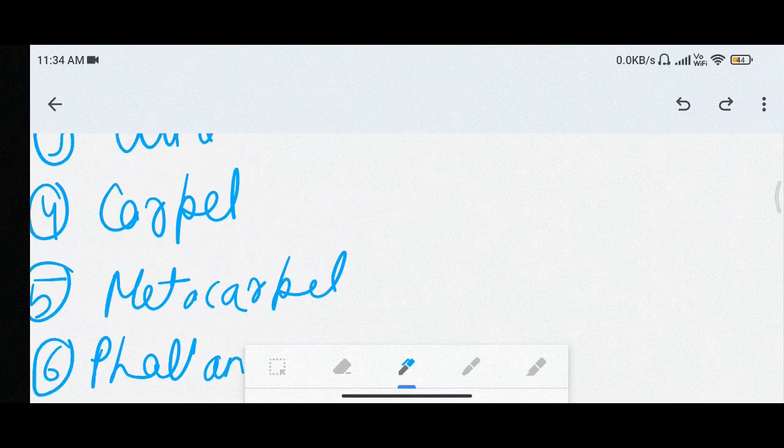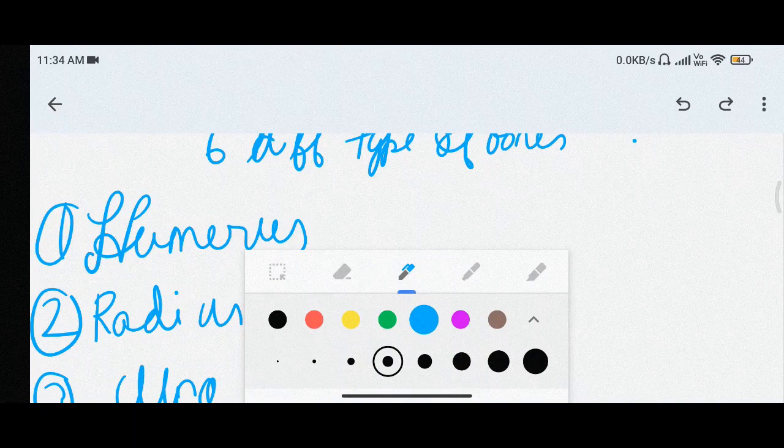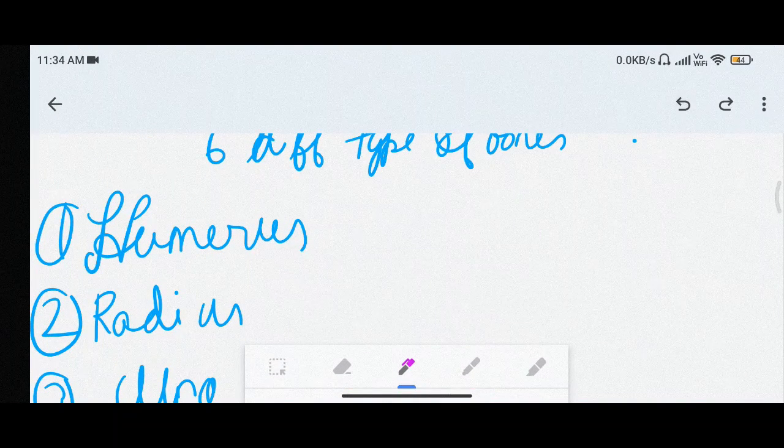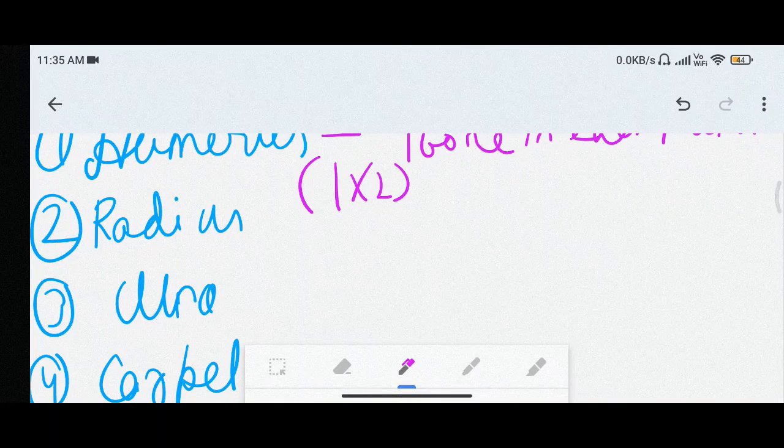So now let's write the number of bones in each. Humerus is one bone in each hand, so 1 into 2, because humans have one pair of hands. Radius is 1 into 2, ulna is also 1 into 2.